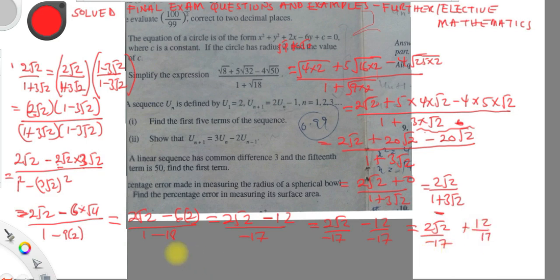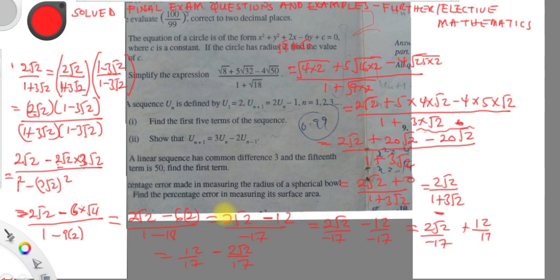So you can rewrite it as 12 over 17 minus 2 root 2 all over 17. This is the final answer.